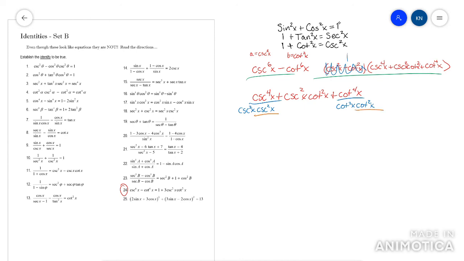So you'll have your cosecant squared, and then you can change cosecant squared to be 1 plus cotan squared. I have not touched the middle part, so that's still cosecant squared, cotan squared. Then over here, I've got one of them as cotan squared, and then I'm going to change cotan squared to be cosecant squared minus 1.